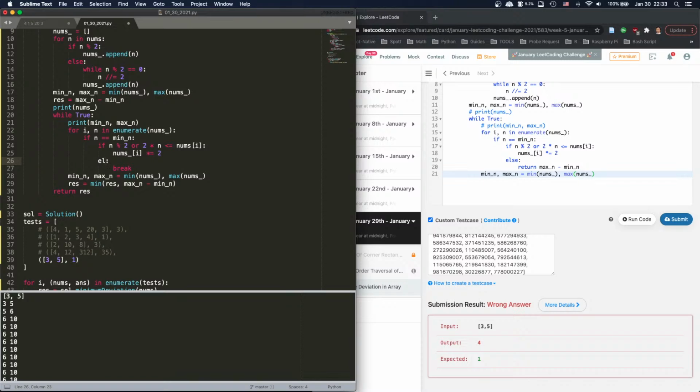If n equals this, and then we get, we break this.